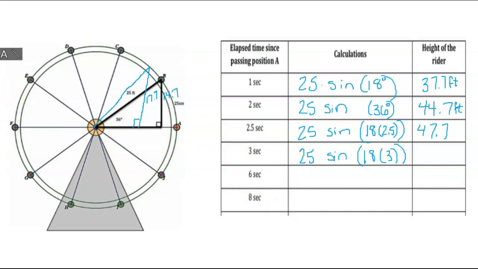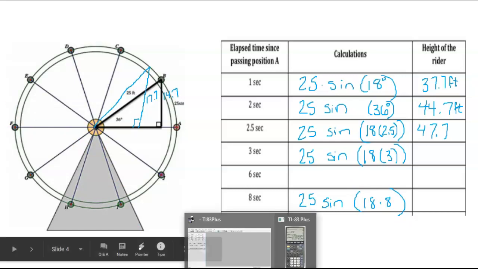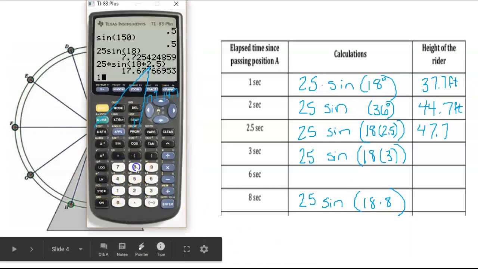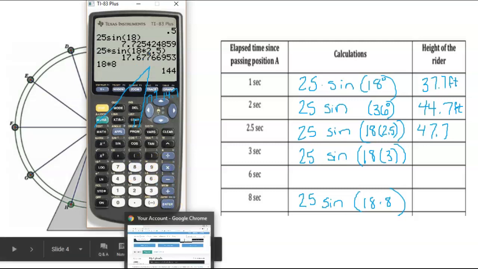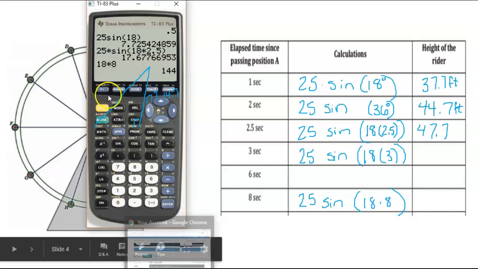But I'm looking down here at 8. And 8 seems a little weird to me, because if I do 25 times sine and I do 18 times 8, well, 18 times 8 is 144 degrees.